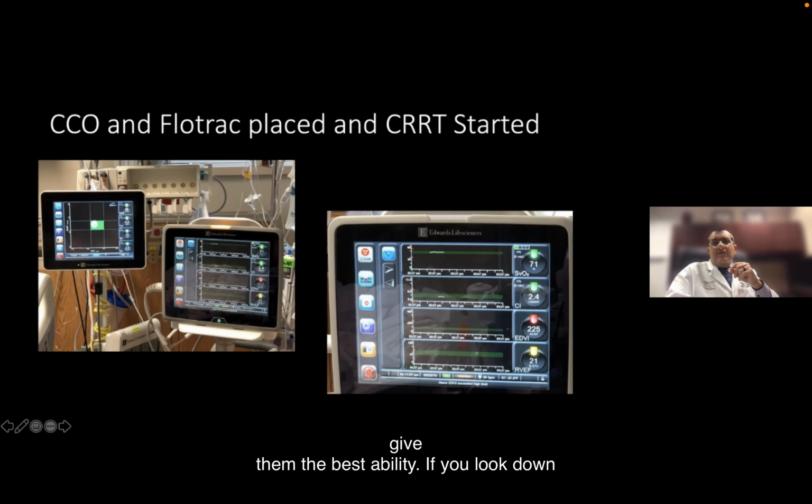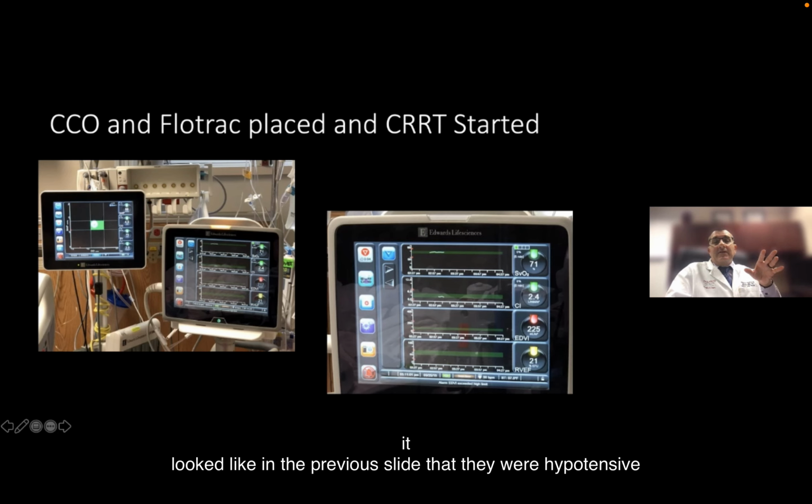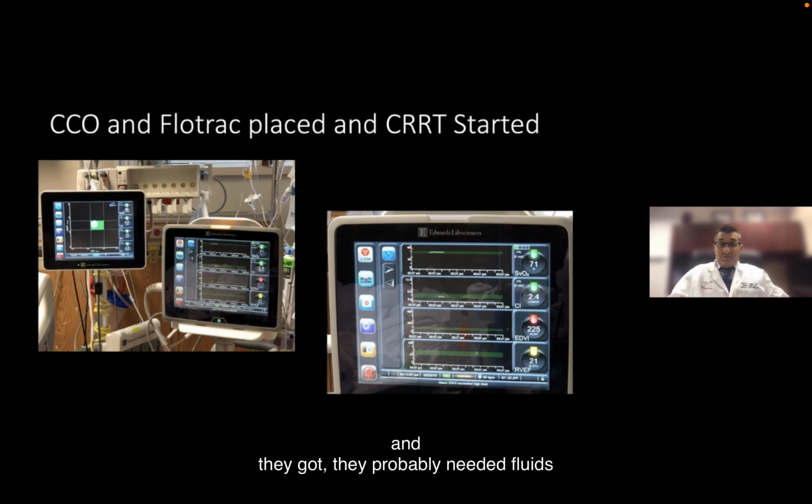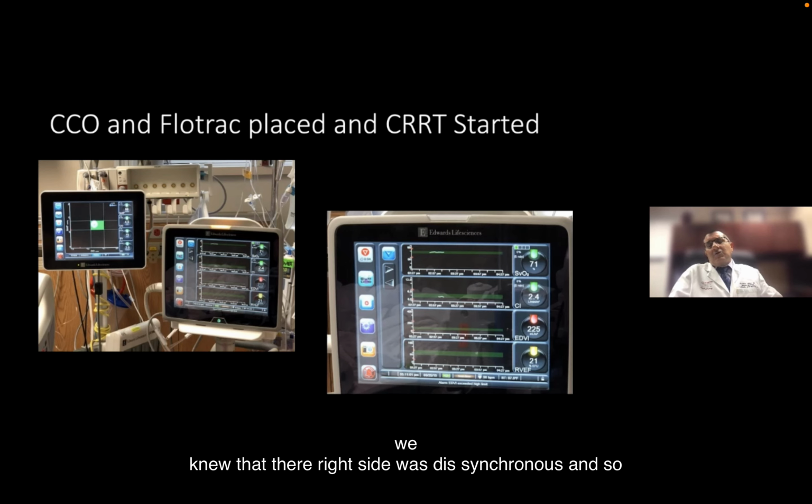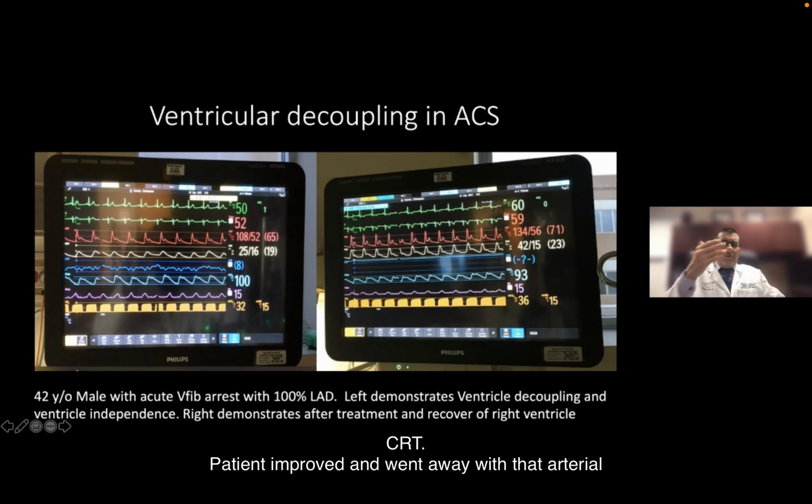If you look down here, we saw their EDVI, which is extremely high for a right ventricular ejection fraction of 21, and that they needed fluids. Even though it looked like in the previous slide that they were hypotensive and probably needed fluids, we knew that their right side was dyssynchronous. So we decided it was time to take fluids off and start CRT. The patient improved and went away.